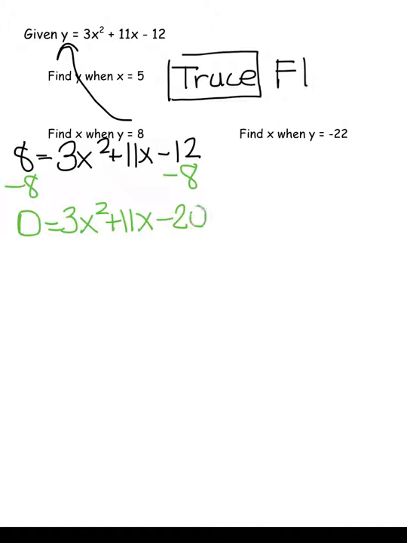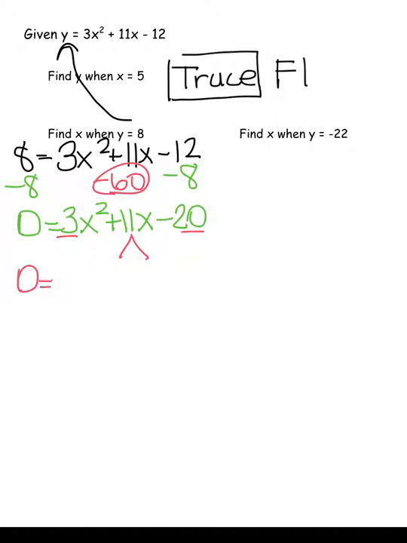So now we have negative 20. All right, so to use the zero product property, we need to have a multiplication problem, which means we need to factor. So there's 3 numbers right there, so we need to do AC method. What multiplies to negative 60 and adds up to positive 11?